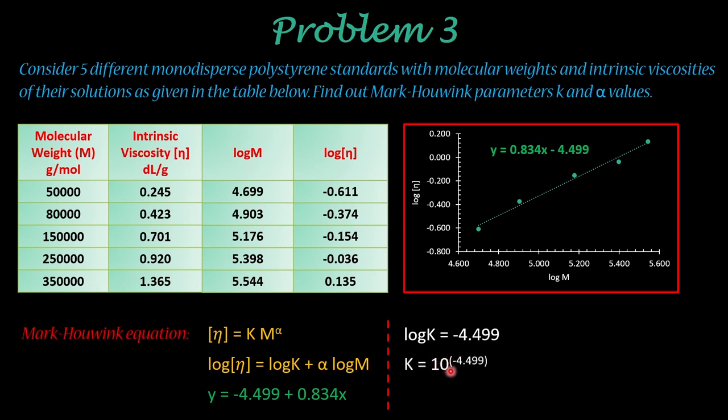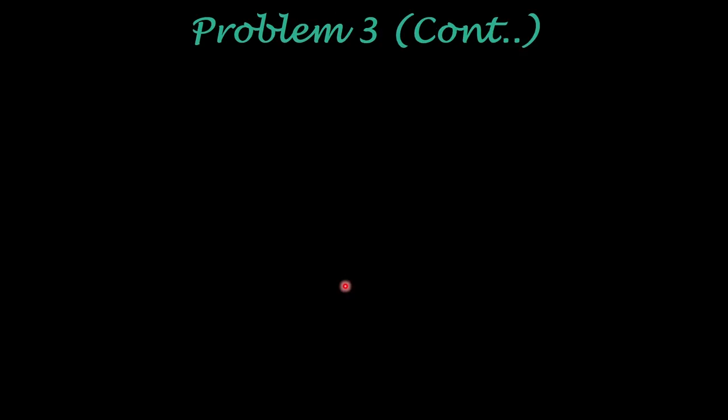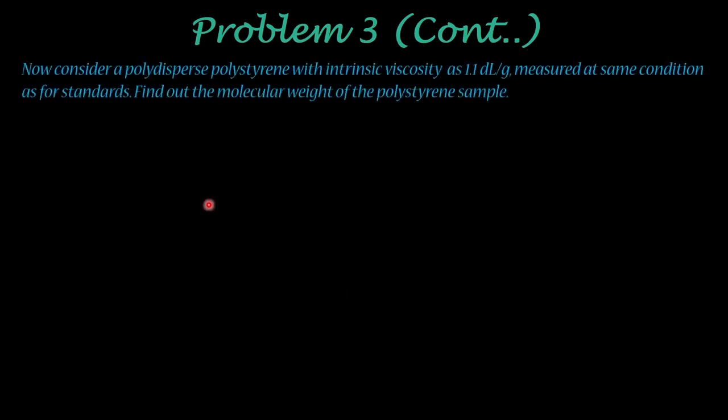Therefore K equal 10 to the power minus 4.499, and K equal 3.169 multiplied by 10 to the power minus 5 deciliter per gram. Similarly, we can get alpha equal 0.834. This is a unitless quantity. So we got the K and alpha values from this table. Next, moving forward with the second part of this problem.